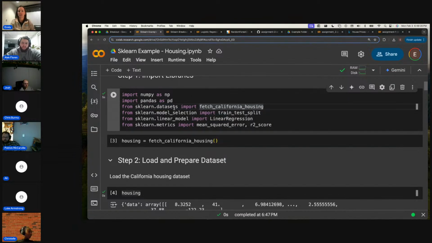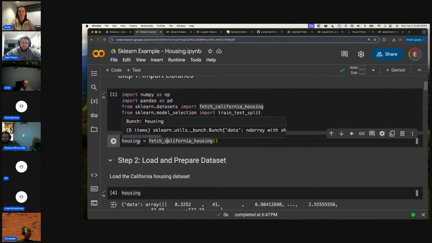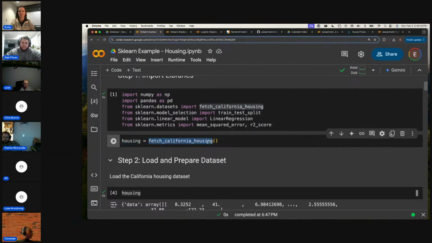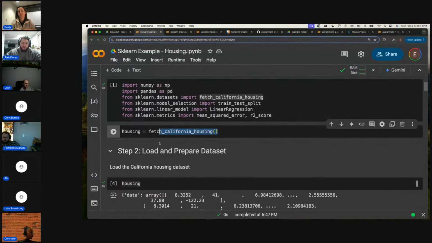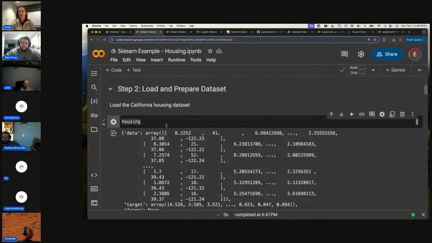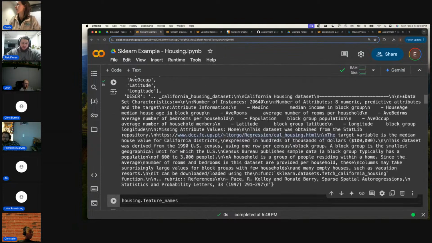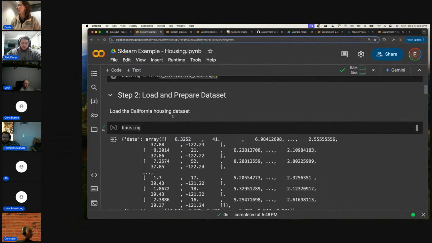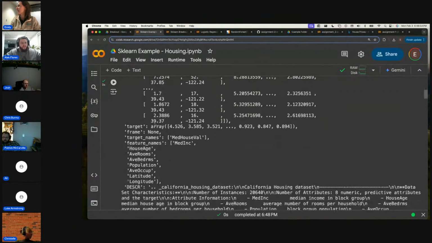We can actually import from sklearn.datasets, import fetch California housing data set. And I can set this variable housing equal to this function call, fetch California housing data set. And what that's going to do is it's actually going to grab the California housing data set from the sklearn package, which is kind of nice. We can look at what's in here. We can see that there's some data, there's a target.